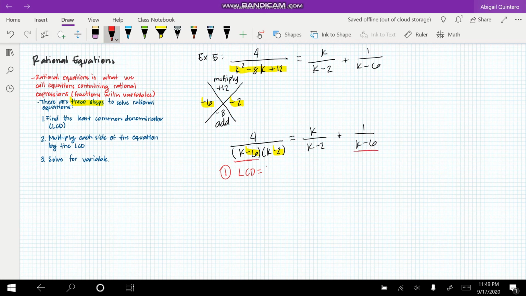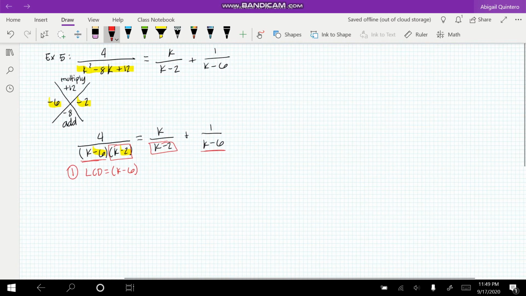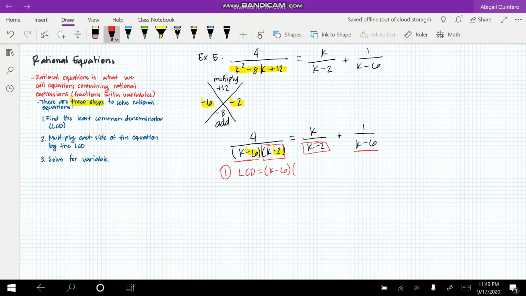So I'm just going to put k minus 6 once. Then I'm also noticing that k minus 2 appears once, right, as well. So because it only appears once, the most repetitions of k minus 2 is just 1. So this will be times k minus 2. So that is our LCD.